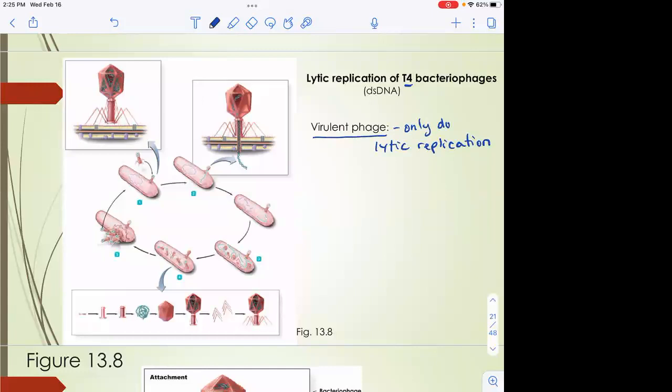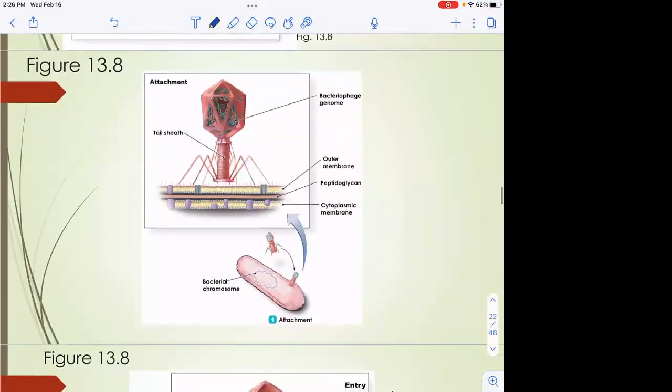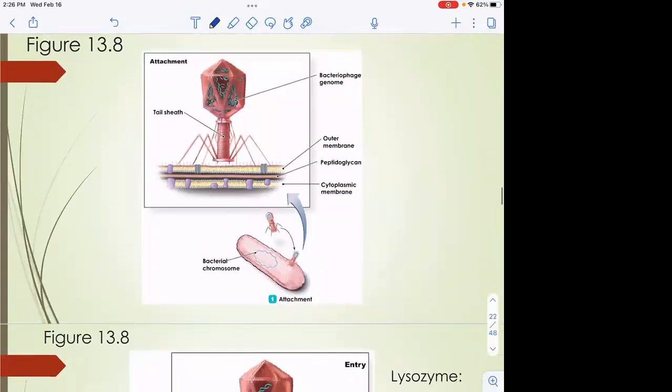If we blow up the first step of that diagram, it talks first about the attachment phase. If you look at the bacteriophage, it's got a capsid head, a tail sheath, and these tail fibers. At the end of these tail fibers, there are receptors for the outer membrane of that E. coli bacteria.